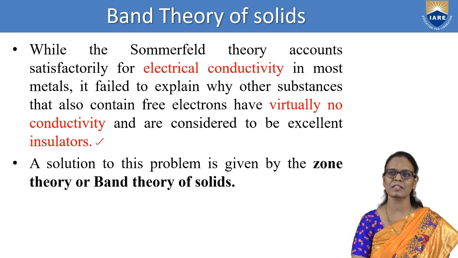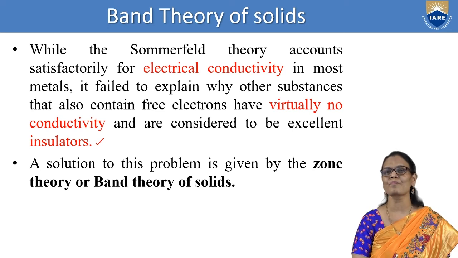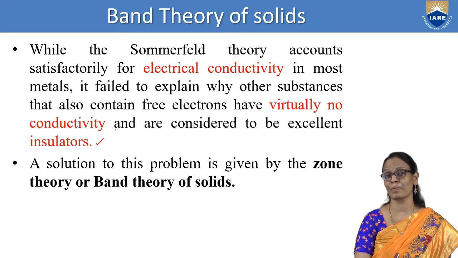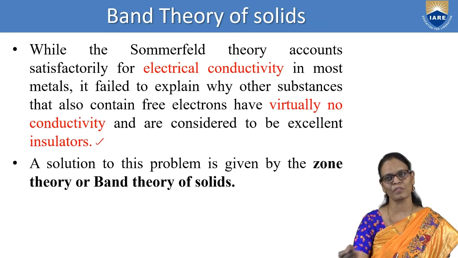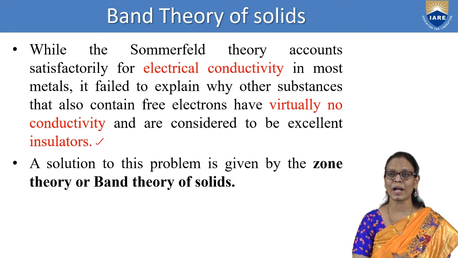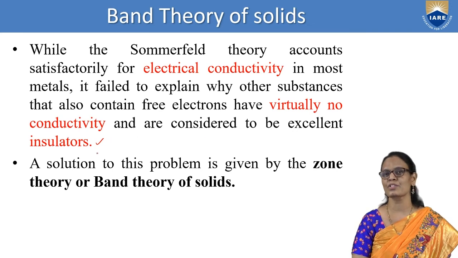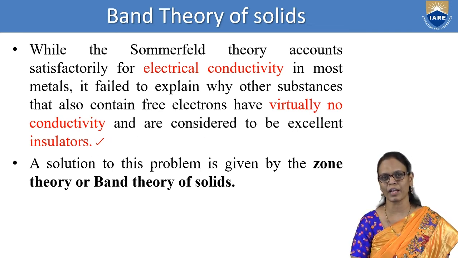Sommerfeld made so many changes. He could explain many of the things, but he failed to explain the classification of materials. Virtually no conductivity means, since every material has free electrons, they all should conduct. But why are some materials not conducting and behaving as insulators? This point he could not explain.